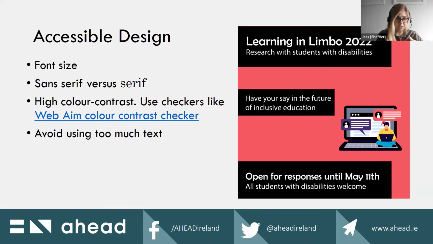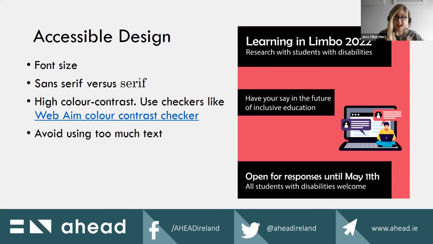So it can create issues for anyone who is colorblind and can't distinguish easily between the font color and the background color. Anyone who's dyslexic, it can exacerbate the words kind of jumbling together. Anyone with any kind of visual impairments, it can make it harder to read, and just the general population as well. Small serif fonts like we would traditionally get in newspapers is quite difficult for many of us to read.